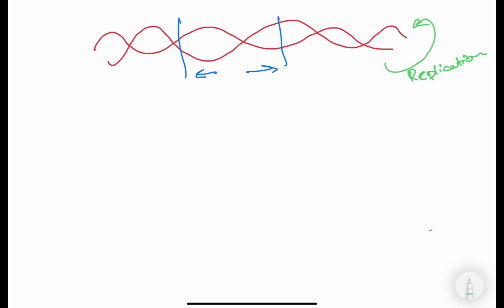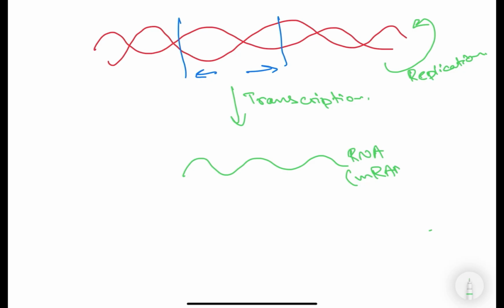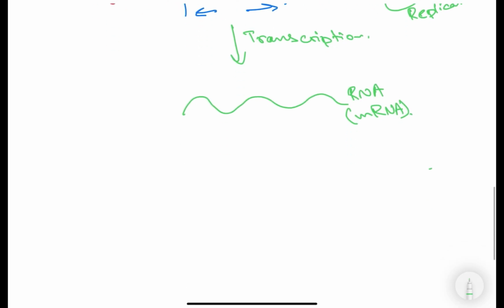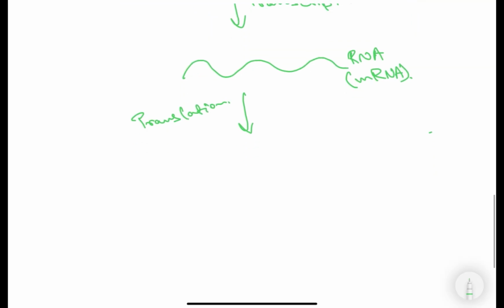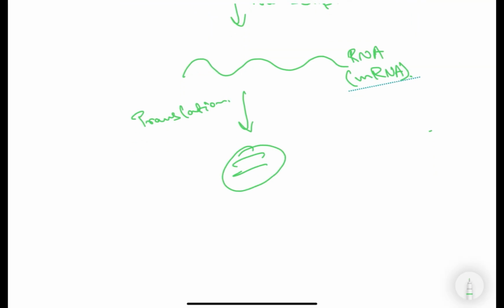And this gene undergoes a process called transcription to form RNA, rather mRNA. And this mRNA undergoes another process called translation to form protein. Okay.